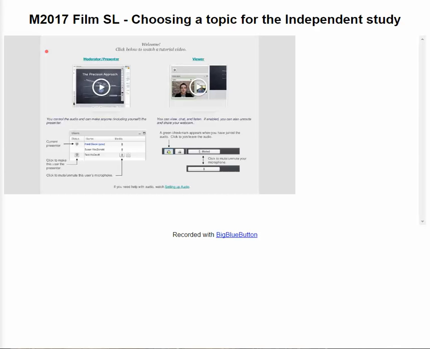So, to recap, your topic is about film history or film theory. If you choose genre, you need to actually show understanding of critical approaches to genre. You can't just talk about superhero films as they compare to one another in terms of plot.